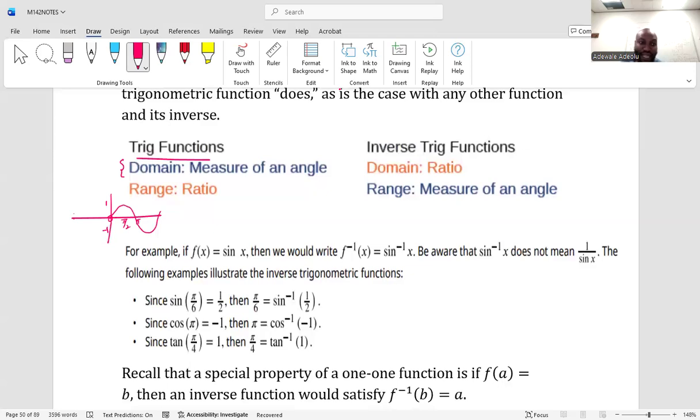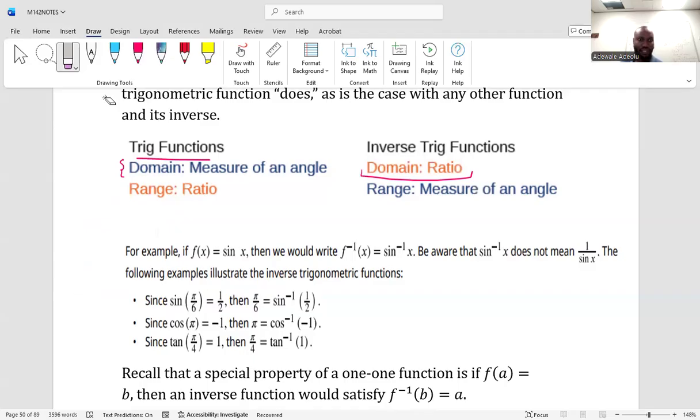So the domain here, we say from -infinity to infinity, and the range from -1 to 1. Now, for its inverse, because we now want to move from ratio to angle, the domain is actually ratio, and the range is now angle.